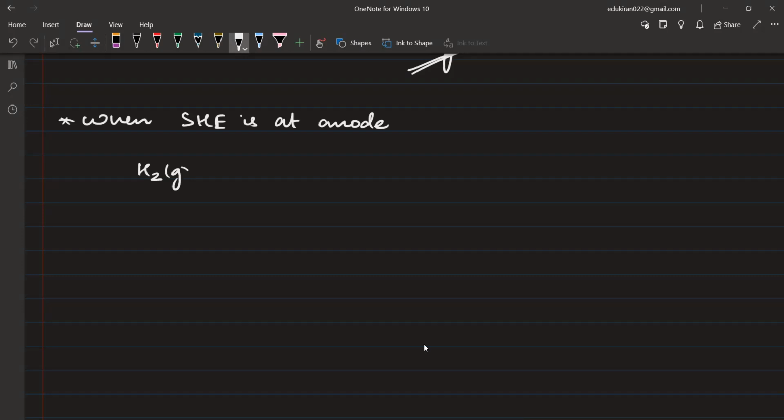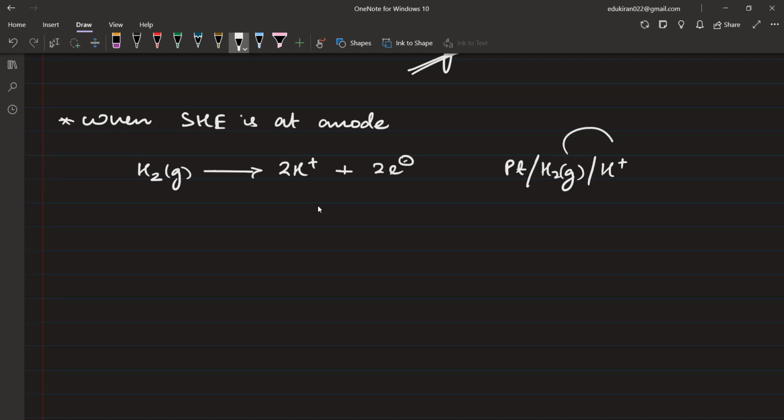We'll have H2 gas which is going to give me 2H plus plus 2 electron. और यहाँ पे इसको रिप्रेजेंट कैसे करते हैं हाफ सेल को? We represent it like this, platinum slash H2 gas slash H plus, यानी कि H2 is converting to H plus in the presence of platinum.